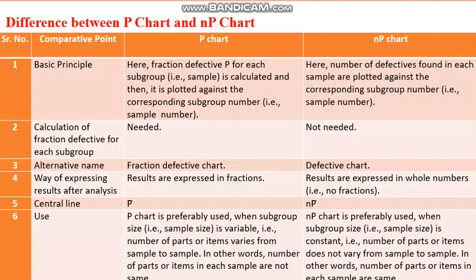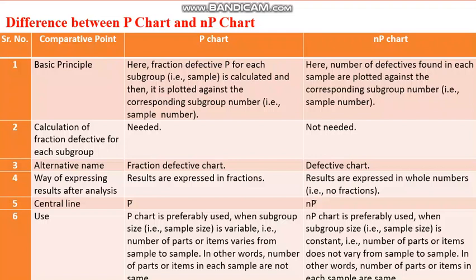Third one is alternative name. Alternative name for P chart is fraction defective chart, and for NP chart it is defective chart. And way of expressing results after analysis: results are expressed in fraction in case of P chart, and in NP chart results are expressed in whole numbers. A center line in case of P chart is P bar, and in case of NP chart it is NP bar.